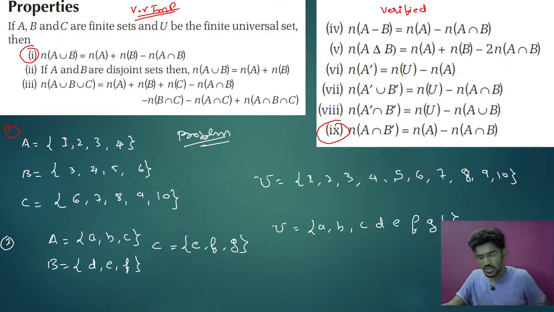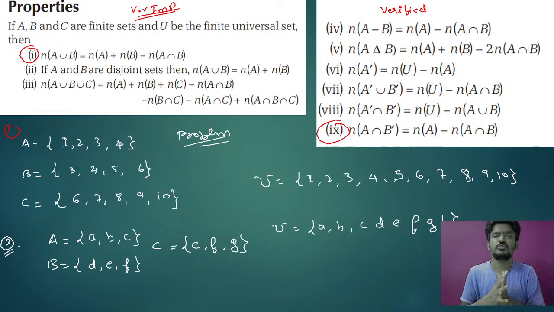Okay. So now you have to verify all these 9 statements with these 2 problems. But my dear students, these 2 problems are not enough. You yourself create the problems and check LHS and RHS. Then only I think you can understand it.